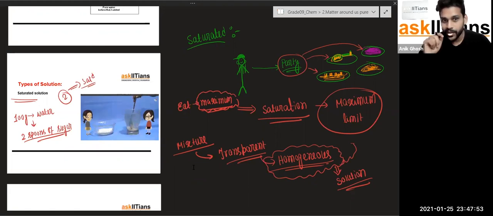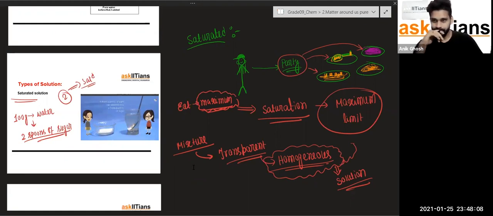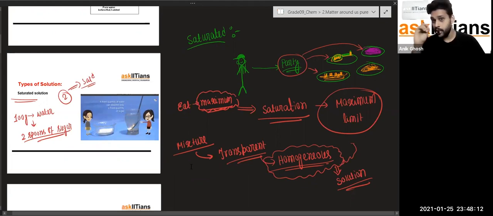Now you can see over here, this is the thing. You cannot mix anymore after a certain limit. So now they're saying that if you take a fixed quantity of water, you can only mix a fixed quantity of sugar in it.